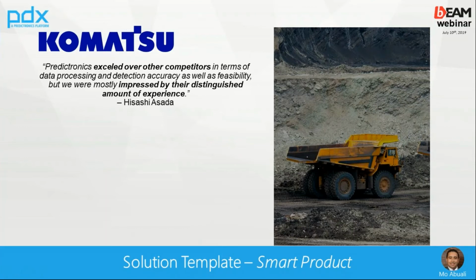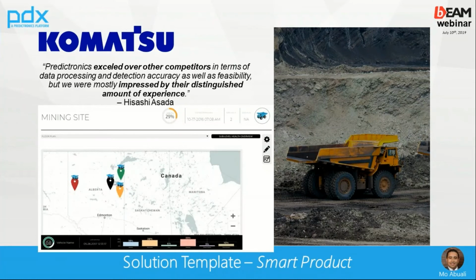So just imagine if you click, you're going to see a visualization of the different mining sites that Komatsu has, in this case in the Canadian peninsula. You're going to see that there are 4 mining sites. You're going to see color coding where green is a healthy mining area. Yellow, there's a degradation on some of the tractors. Red, there is a potential failure on some of those mining trucks. And other colors can also be configured.